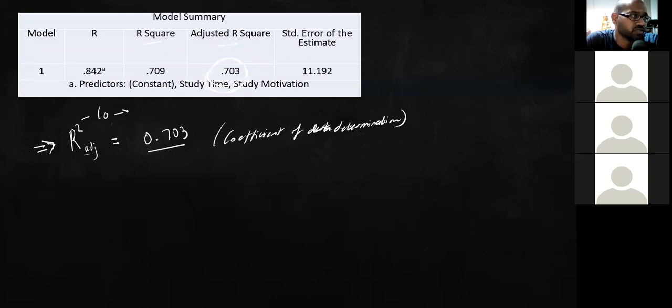It varies from 0 to 1. It cannot be less than 0. It cannot be more than 1. It's a proportion. So the value we get here is 0.703.